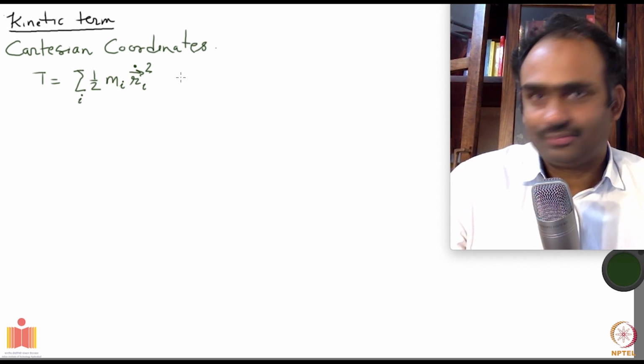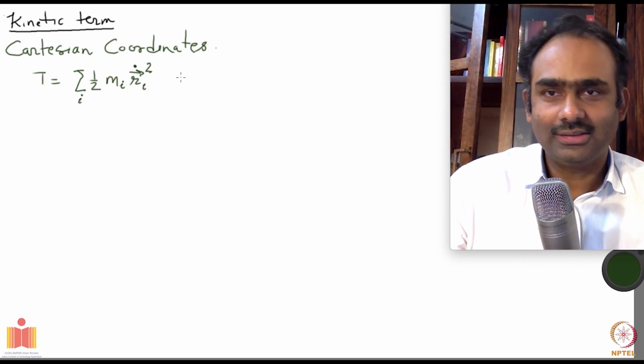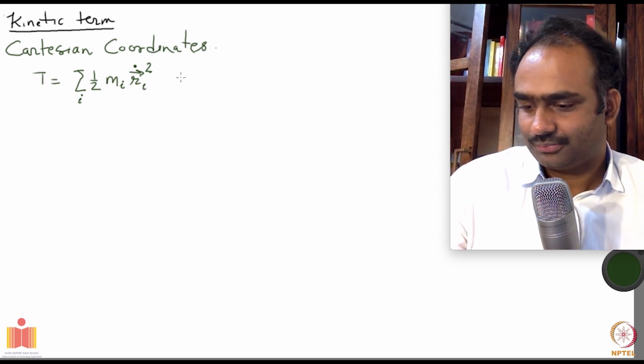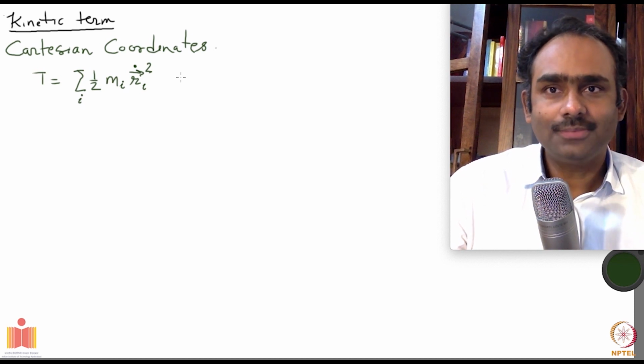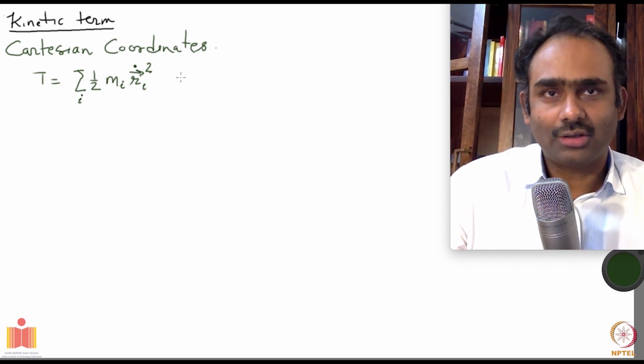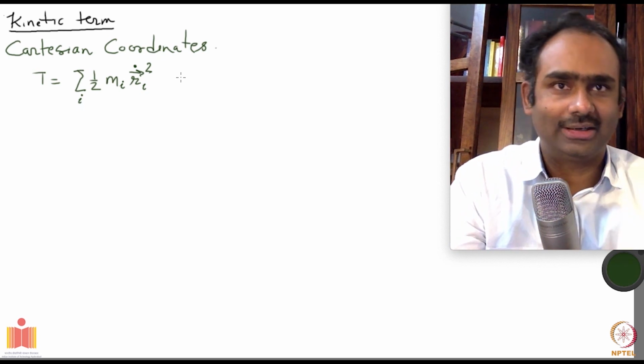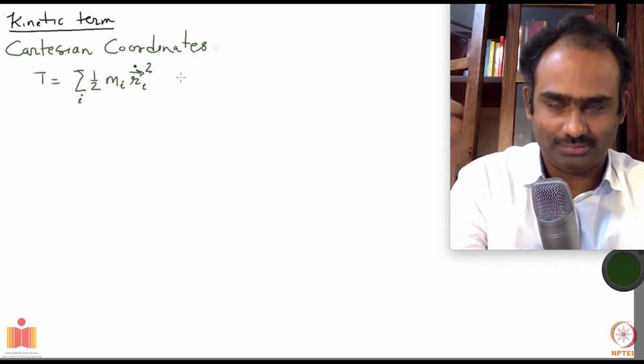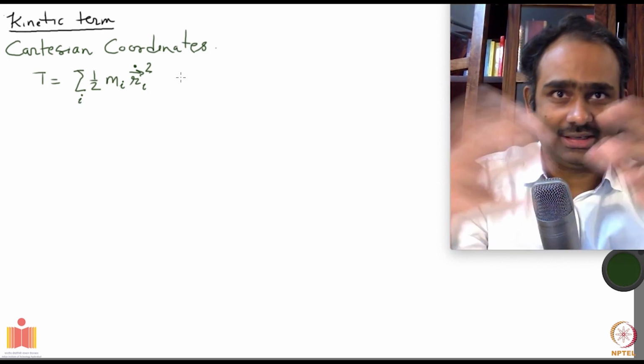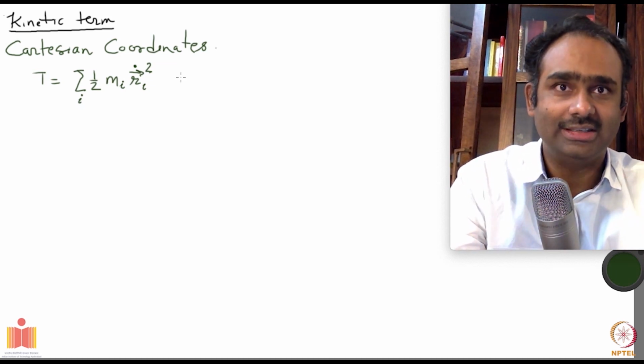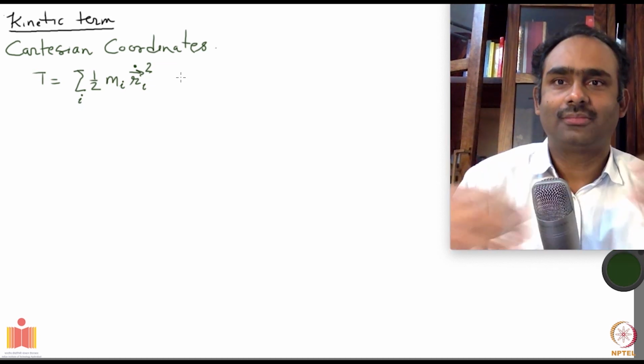So this is of course quadratic in velocities. Note that there is no term which involves the product of the velocity of particle i with particle j. There is no such term. So T is really diagonal in the velocities.